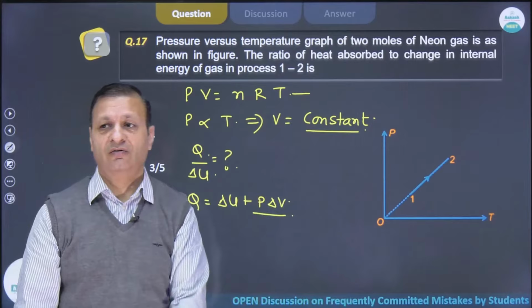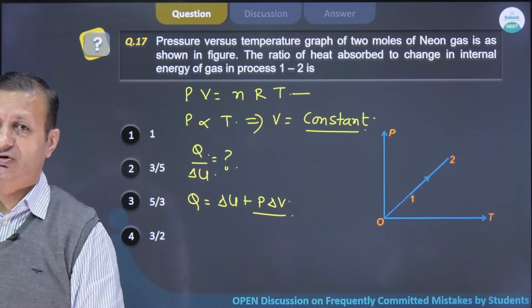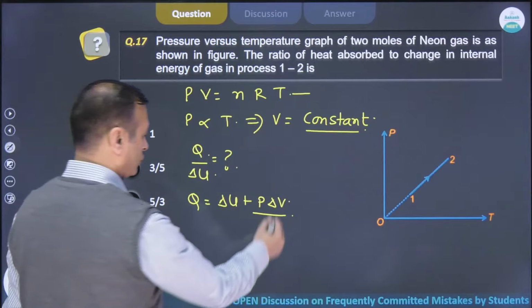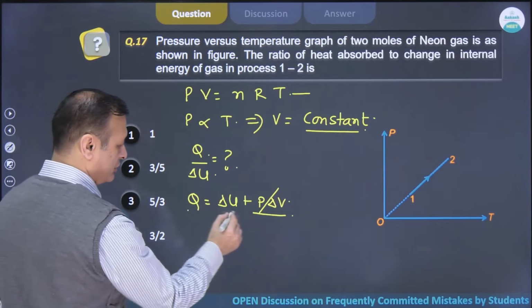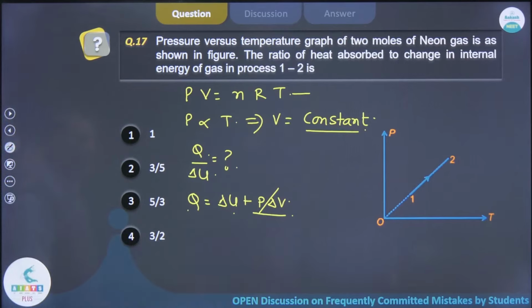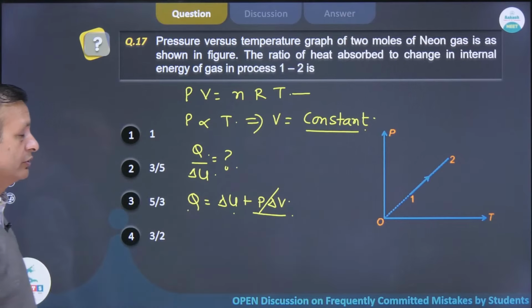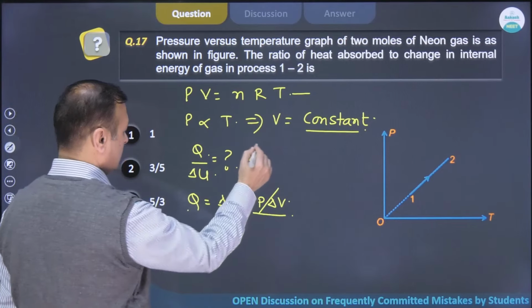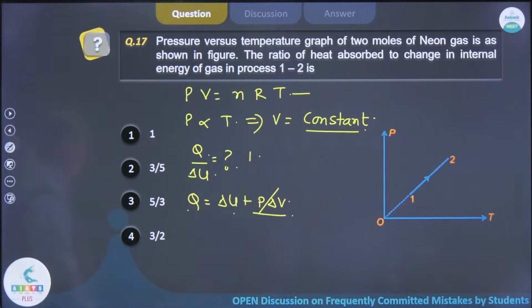As you can see, volume for this process remains constant, so delta V is 0, so this part goes. So Q is equal to delta U, and this ratio is 1.